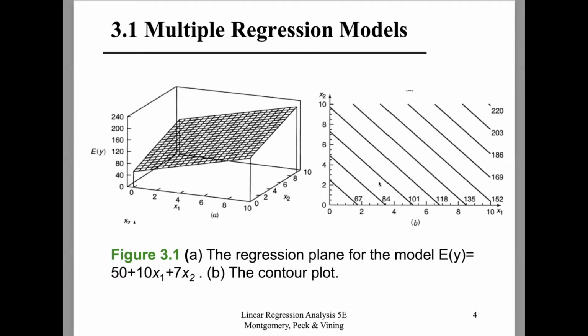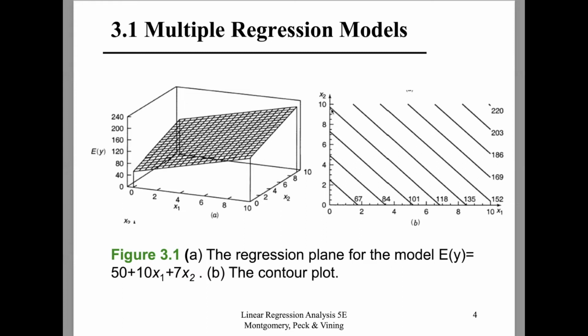Now, the graph on the right-hand side is a contour plot of this surface. In other words, these are level lines associated with this plane. And it's created by taking horizontal planes at various values of the response. If we think about how a horizontal plane would intersect with this response plane, at any given level it would intersect that response plane in a line.